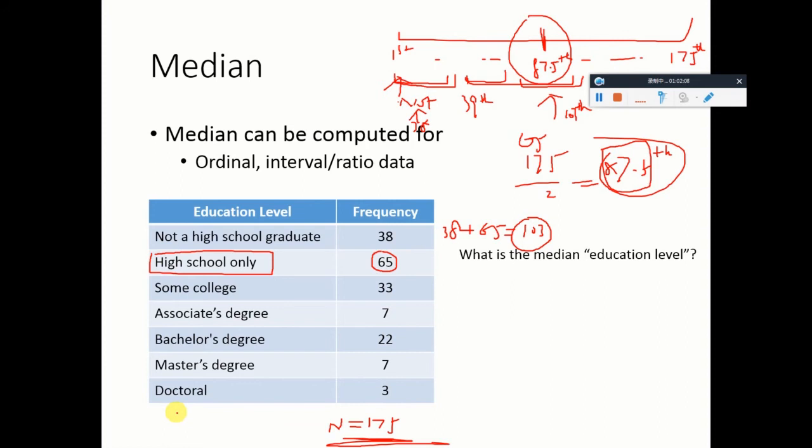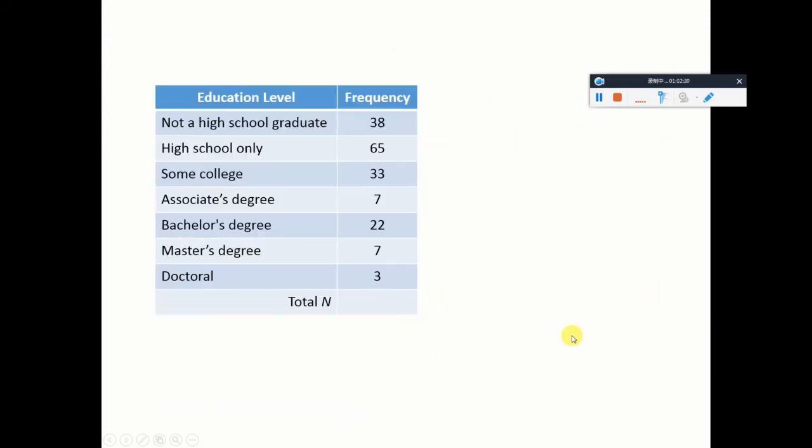Okay, so that's how you find the median for an ordinal type of data. So the important hint is median separates the sample, not values, into 2/2.